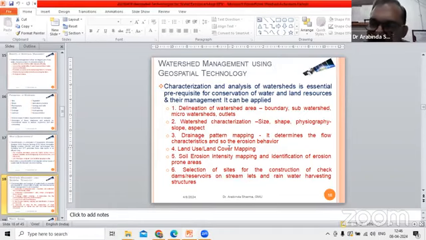So that's why sediment yield at the outlet is also an important parameter to be measured during watershed management or modeling. And suppose you have to implement certain important management practices like a check dam, where to put that check dam, so you can identify a suitable site. So site selection can also be done with the help of geospatial technology, right?